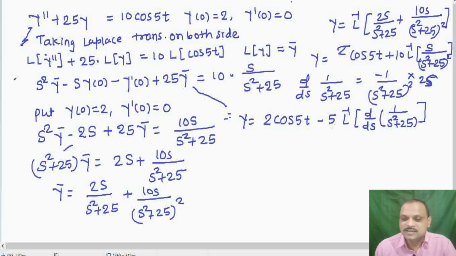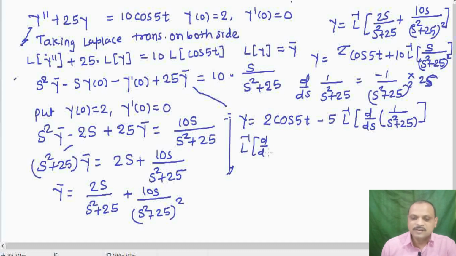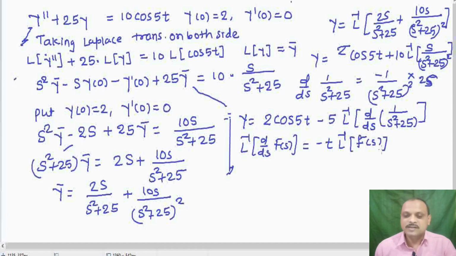Now friends, you know that L inverse of d by ds of f of s is equal to minus t into L inverse of f of s. So let us apply this formula to this term.